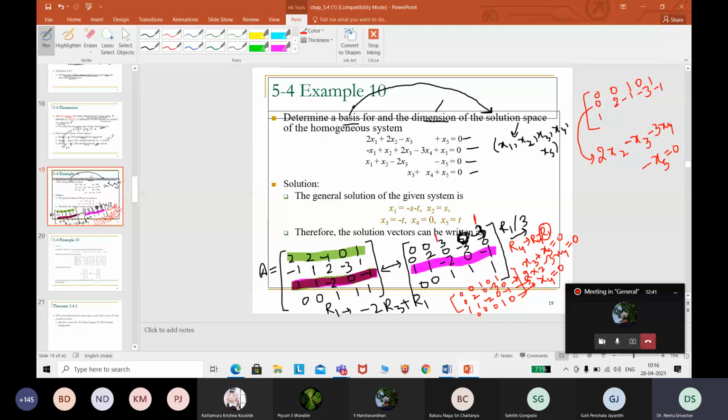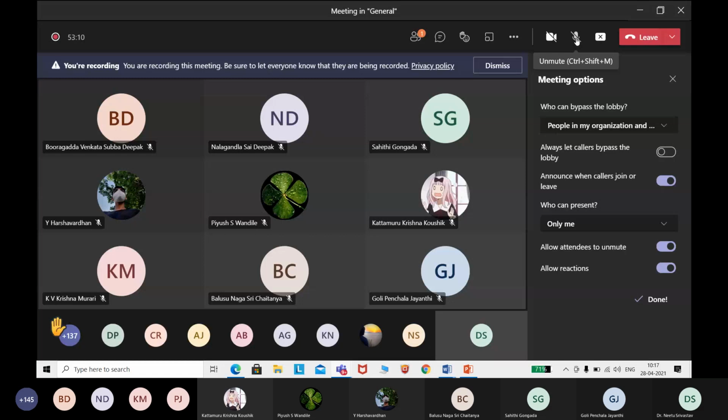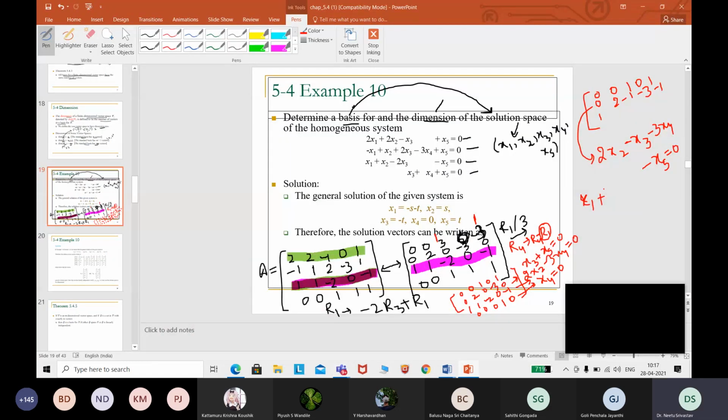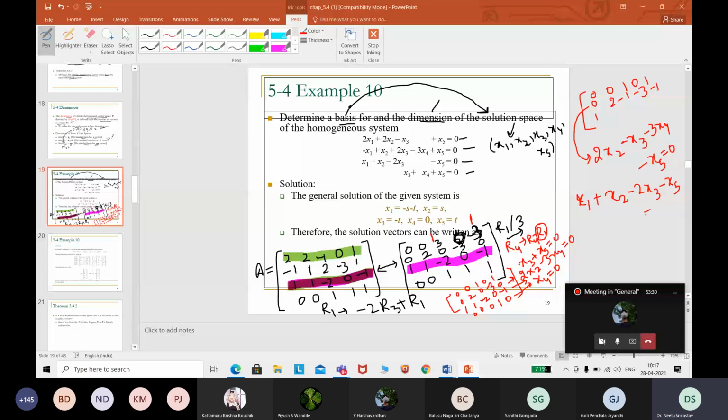Okay. So the other two equations: x4 is equal to 0, I got, and one more equation is pending, that is x1 plus x2 minus x3 minus x5 equal to 0.